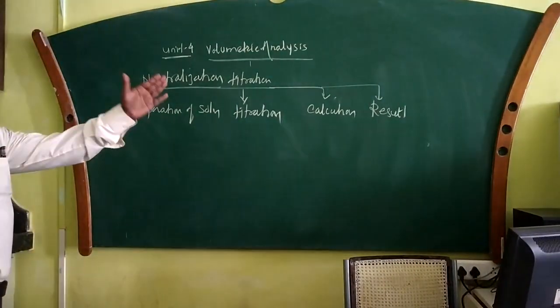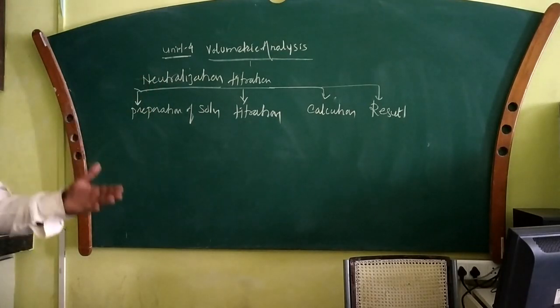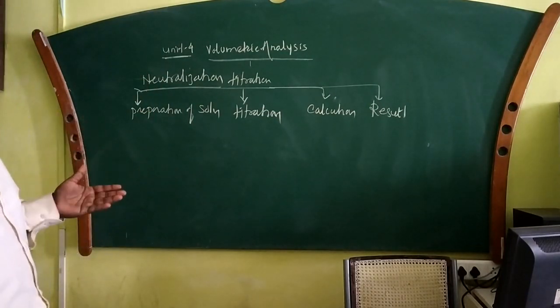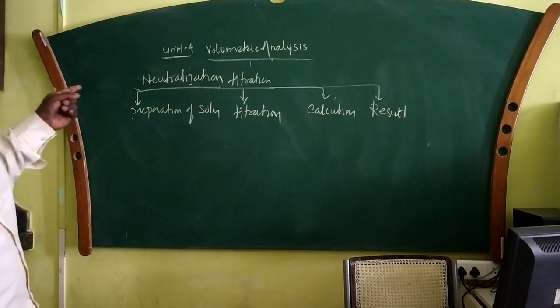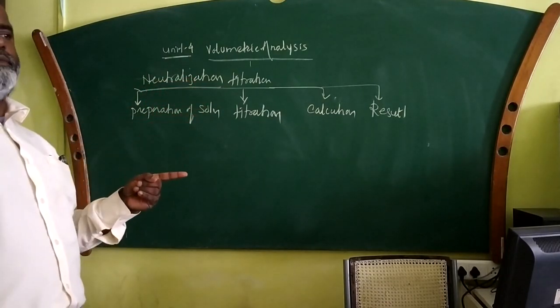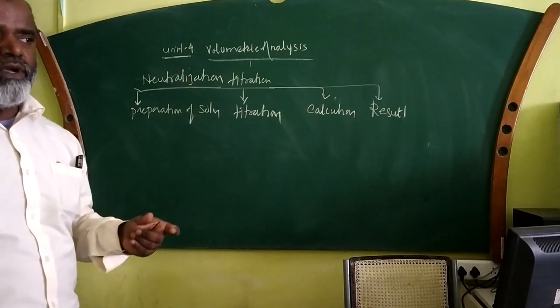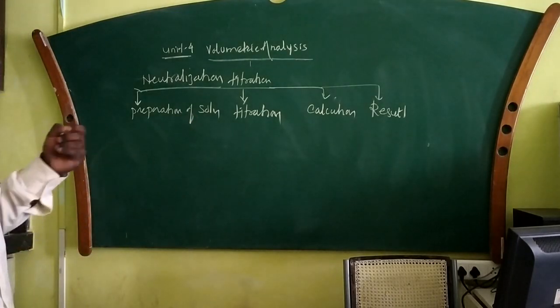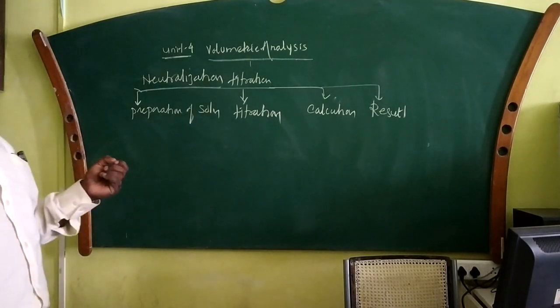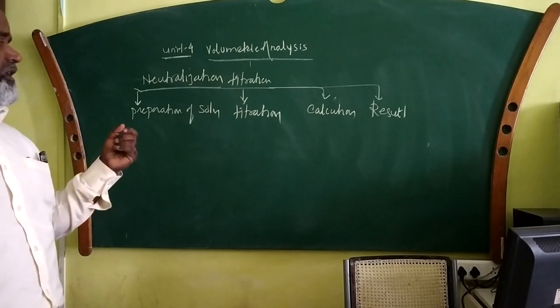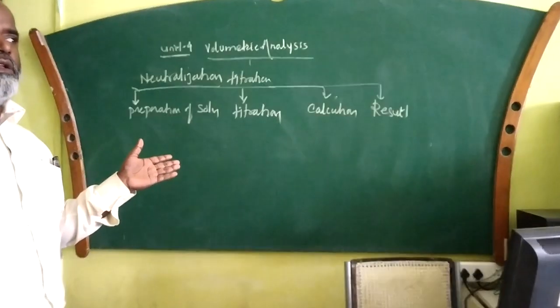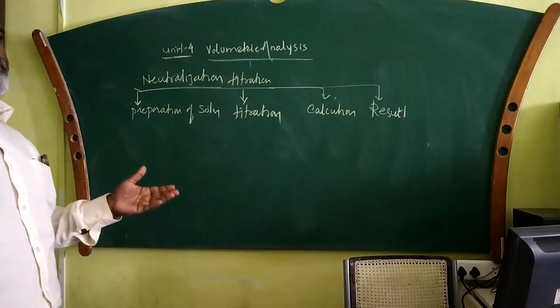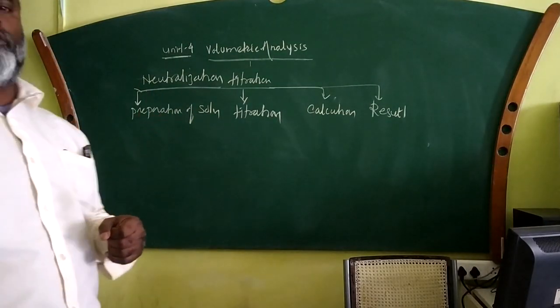This is how your analysis goes. So whenever you are doing volumetric or acid base titration, remember you have to follow all these 4 steps. Start first with preparation of the solution. Once all solutions are ready, then you go for titration. You will see each step in detail. Once titration is over, whatever values of titration are obtained, substitute in the formula and do the calculation.